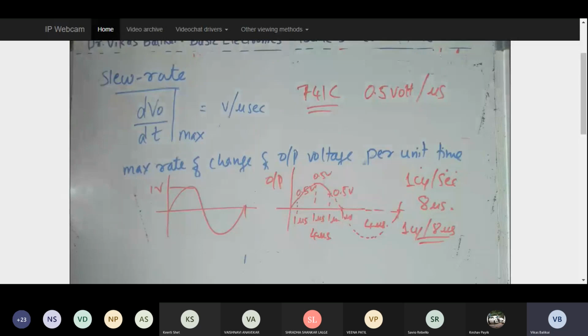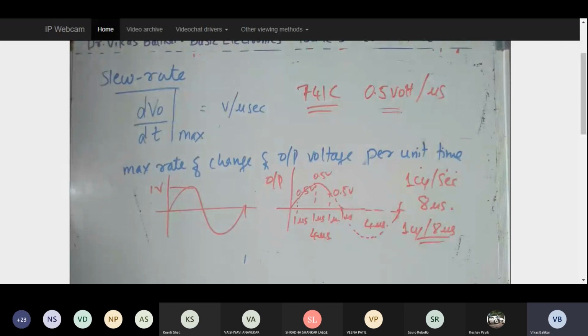So up to the range of megahertz, I can have the changes as per my input and output. That is the meaning of the slew rate. Even for minor changes, a change will be limited by this particular value, 0.5 volt per microsecond. So in 1 microsecond the maximum change is 0.5 volt.